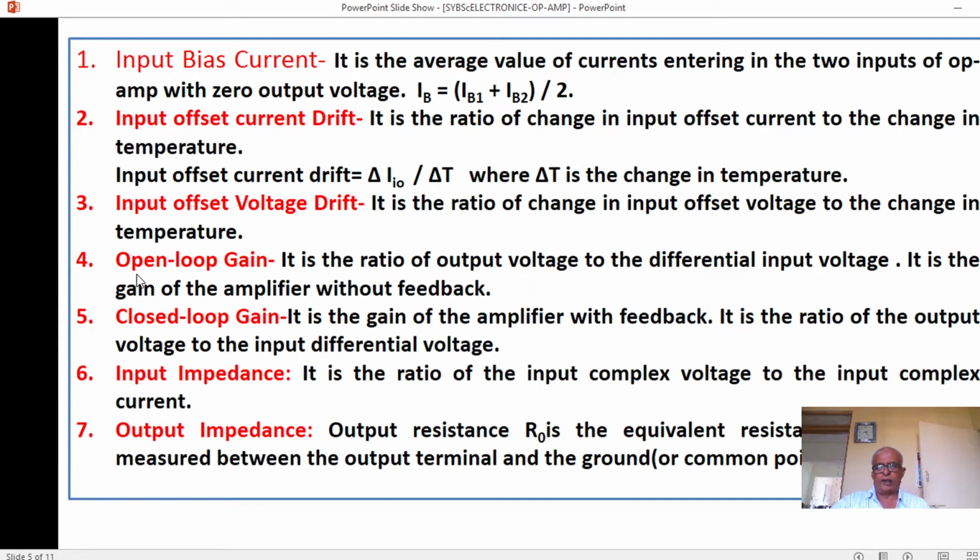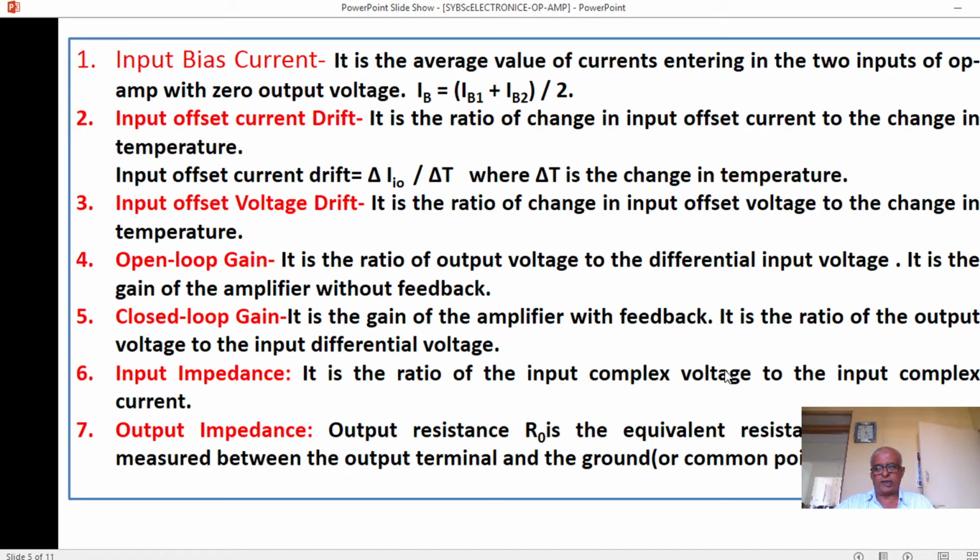Then the sixth characteristic of the op-amp is its input impedance. This is a very important characteristic of the op-amp. Input impedance is the impedance between the two input terminals of the operational amplifier.